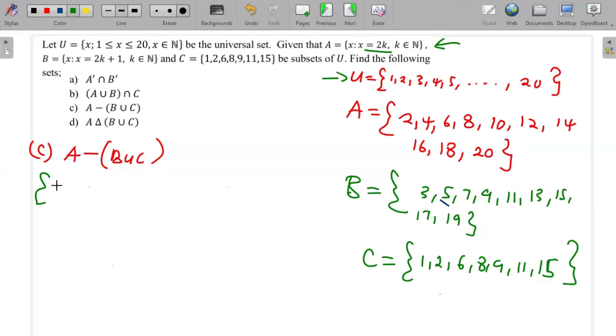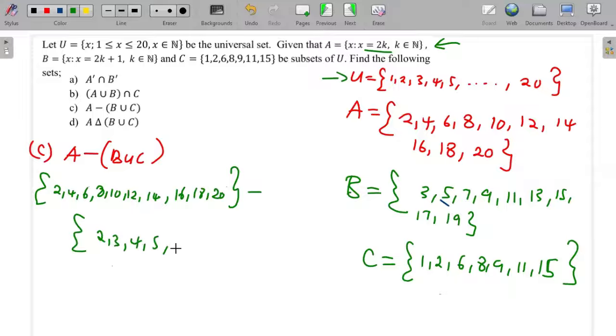So A is 2, 4, 6, 8, 10, 12, 14, 16, 18, and then 20. And then we're saying minus, so I'll just write the set down here, minus B union C. So B union C has numbers from what? From 2 all the way to 20, right? So 2, 3, 4, 5, all the way to 20. That is my B union C.